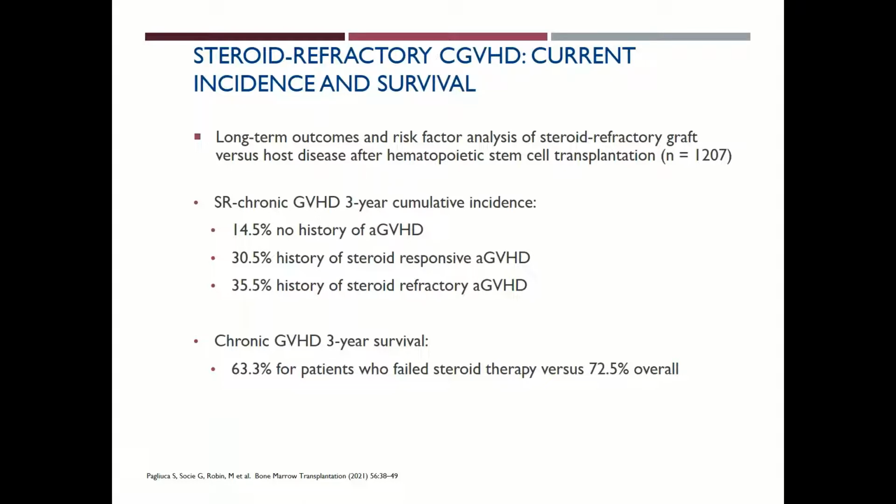It was highest in those who had a history of steroid refractory acute disease and lowest in those who had no history of prior acute GvHD. The 3-year overall survival for steroid refractory patients was 63%, which is better than I've shown you in the Akpek study, but still worse than those patients who were responders to steroids and whose 3-year overall survival was 72.5%.